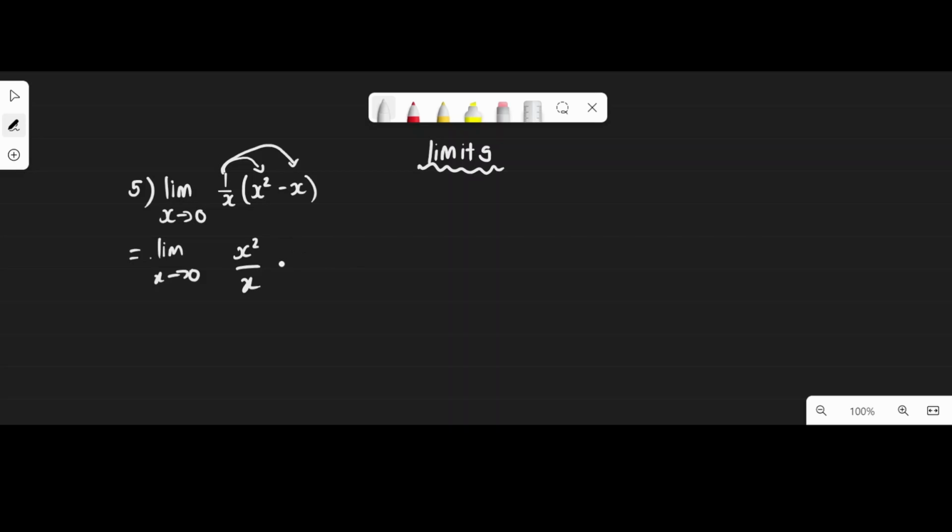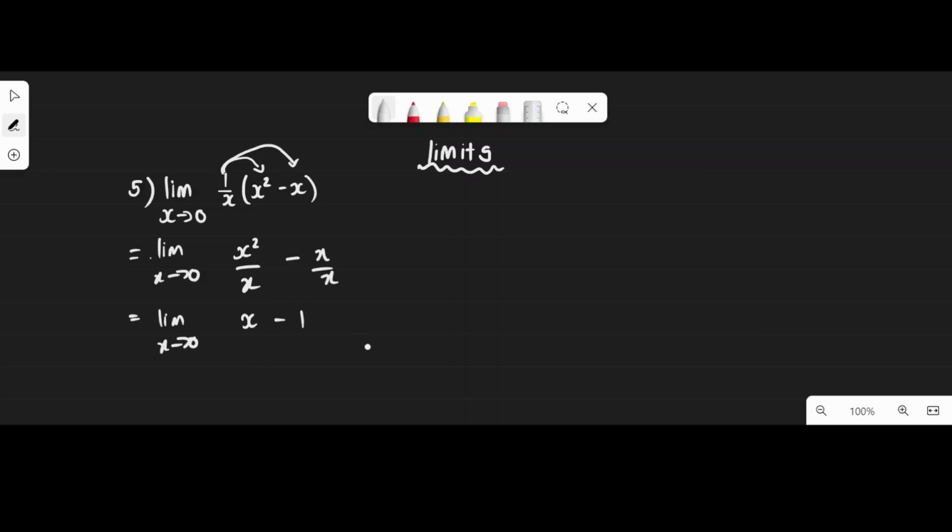Then 1 over x multiplied by negative x is going to be minus x divided by x, right? Then this one, when you simplify it, this is going to become what? It's going to be just x using your exponent laws, right? Then this one's going to give you 1. So this is going to be your new function. It's going to be x minus 1.